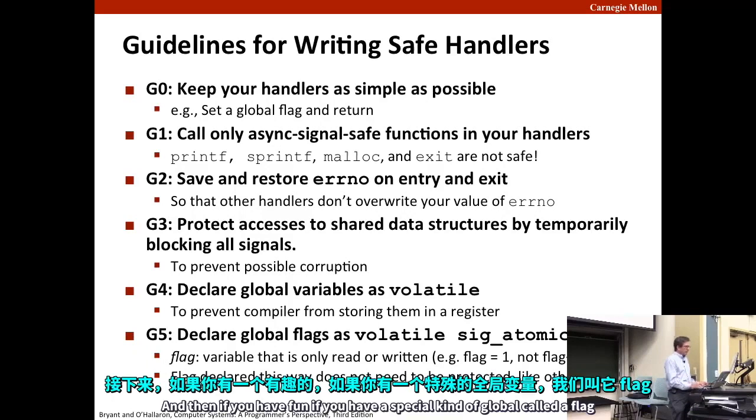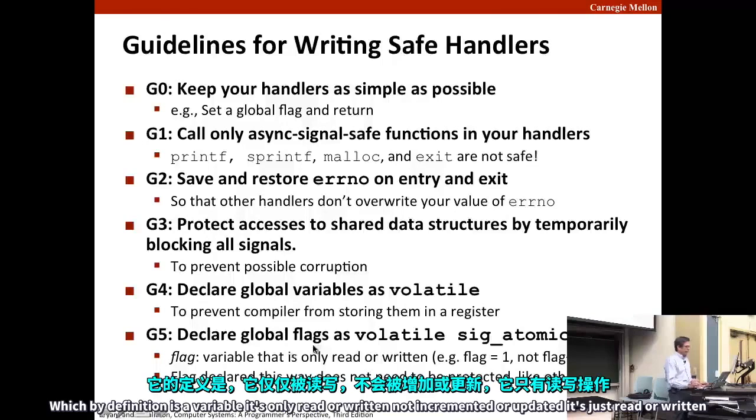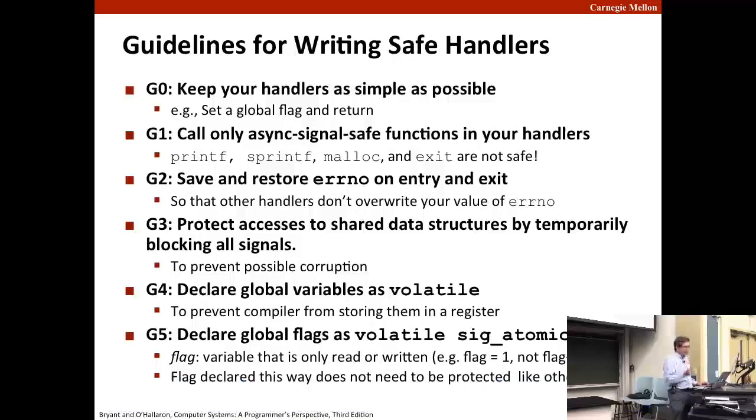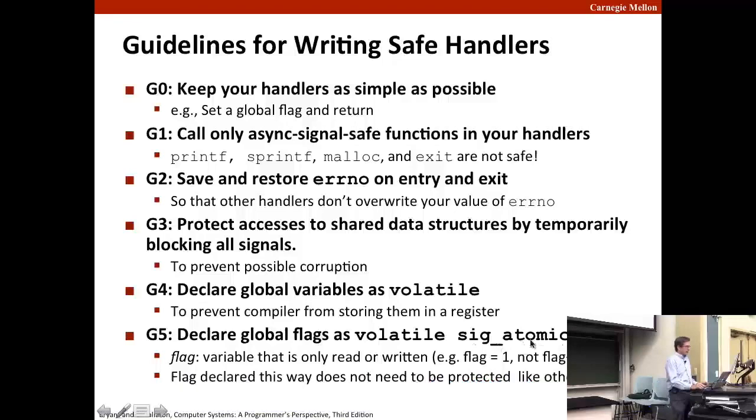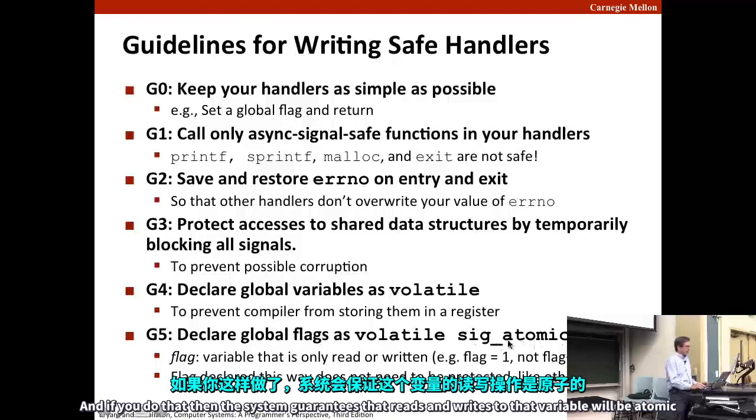And then if you have a special kind of global called a flag, which by definition is a variable that's only read or written, not incremented or updated, then you can declare it with this sig_atomic_t attribute. And if you do that, then the system guarantees that reads and writes to that variable will be atomic.